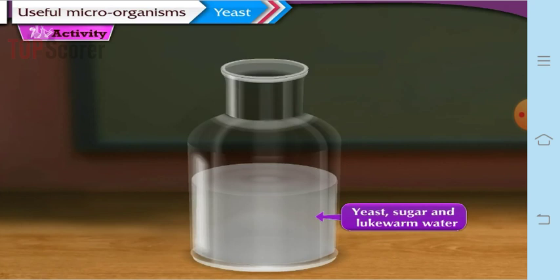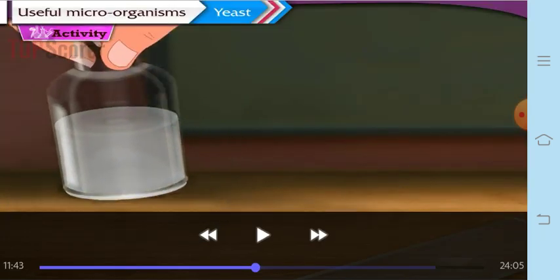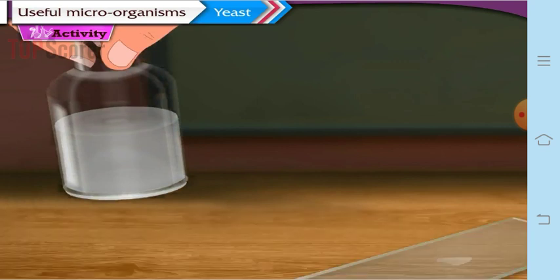Fine. Now let us see how yeast looks under the microscope. For this we'll require a glass slide. Put a drop of yeast solution on the glass slide, and before you proceed, keep the bottle aside so that it can be used later.